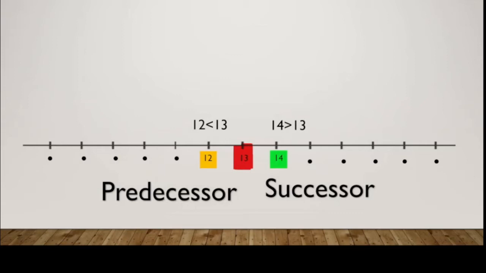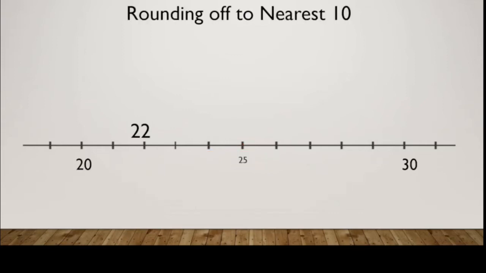Now moving on, we are going to look at rounding off the numbers. First we will start with rounding off to the nearest tens place. Considering the number 22, it lies in between 20 and 30, the two tens in between which 22 lies.